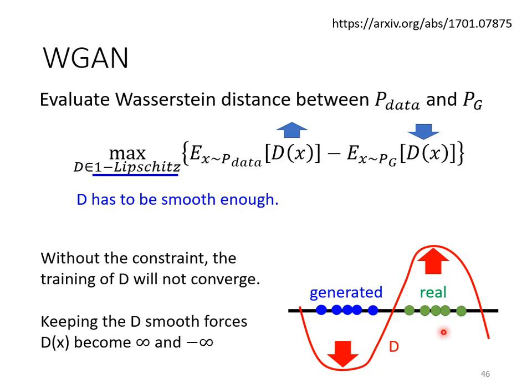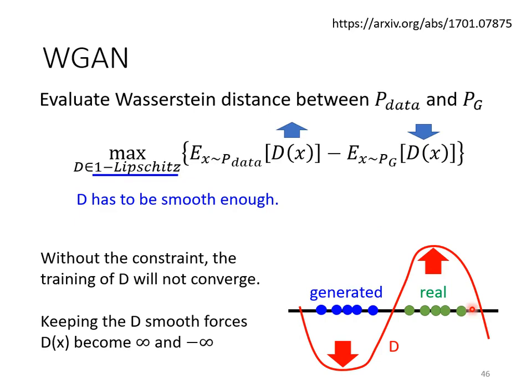Because if you make the real value very large and the generated value very small, there will be a big gap between them, and the discriminator will change drastically. It will not be smooth. It will not be one Lipschitz. So to make it one Lipschitz, the value here can't be very large and the value here can't be very small. Then the discriminator will be smooth enough.